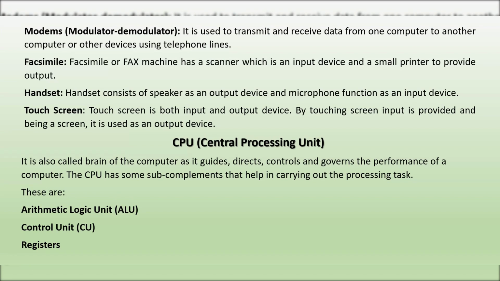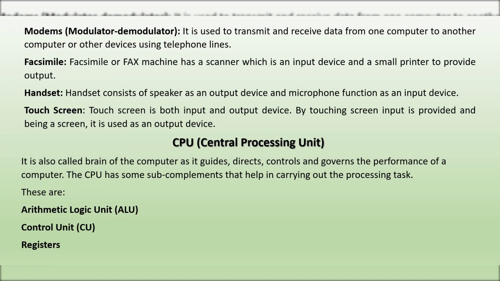Next, facsimile. It is new, but everyone is using the facsimile in this field. Facsimile or fax machine. You know what a fax machine is? It has a scanner, which is an input, and a small printer to provide the output.